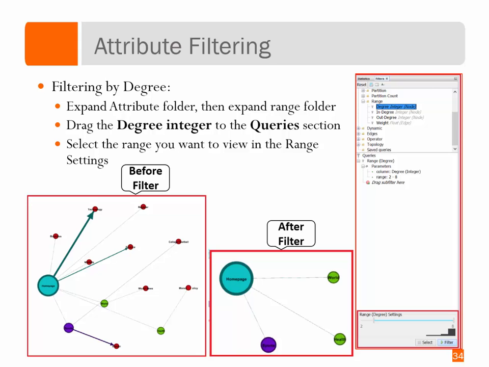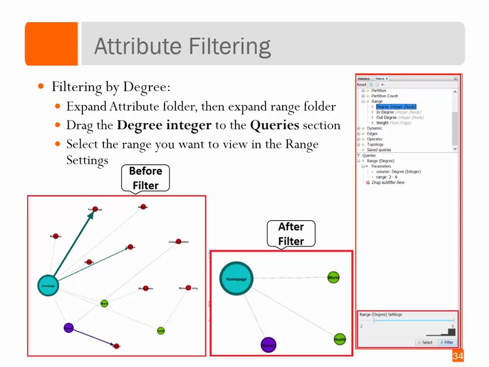Once it's there, we can click on the range and set the range that we want to view in our diagram. Here we've set the range from 2 to 8. Basically, we've filtered out our 1 relationships.